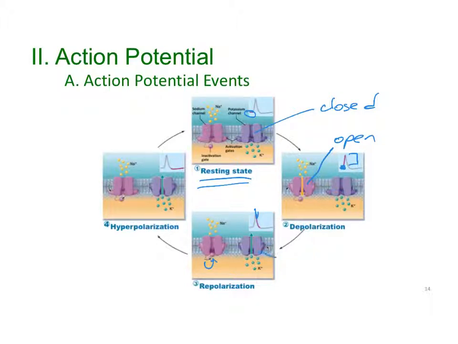The voltage-gated potassium channels open, and the membrane repolarizes, going back to further from zero, so into the negative territory. It actually passes resting membrane potential and briefly hyperpolarizes as the voltage-gated potassium channels slowly close and the voltage-gated sodium channel resets itself, getting ready for another action potential.